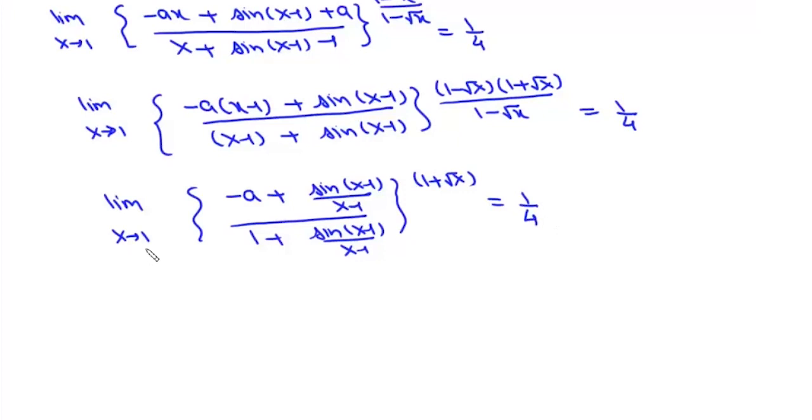Now as x tends to 1, this is sine 0, which is 0 upon 0 form, and it's a standard limit whose value is 1. So this limit is 1, and this limit is also 1, and here the power will be 2.